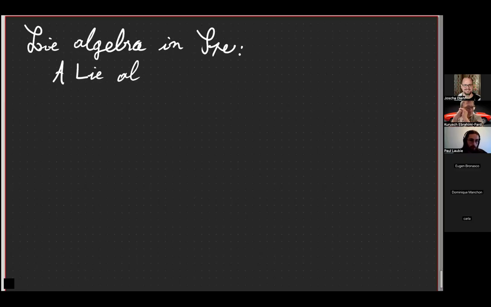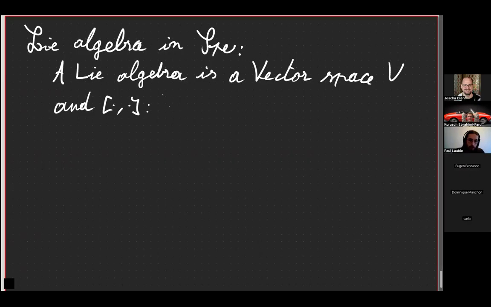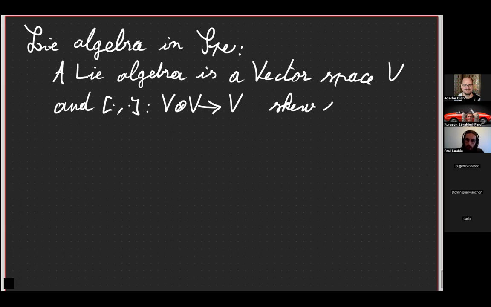A Lie algebra is a vector space V with a bracket from V tensor V to V, which is skew-symmetric, plus it satisfies the Jacobi identity.